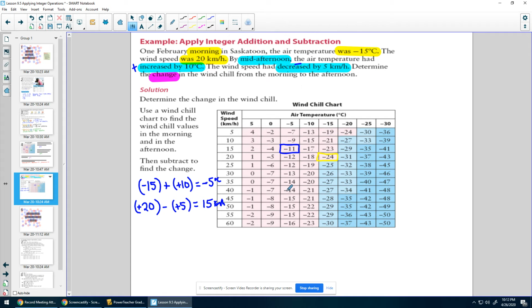So now we're going to take that information and find the difference by subtracting to find the change. So we started with minus 24, which was the morning. And then we're going to subtract our afternoon temperature, which is minus 11.